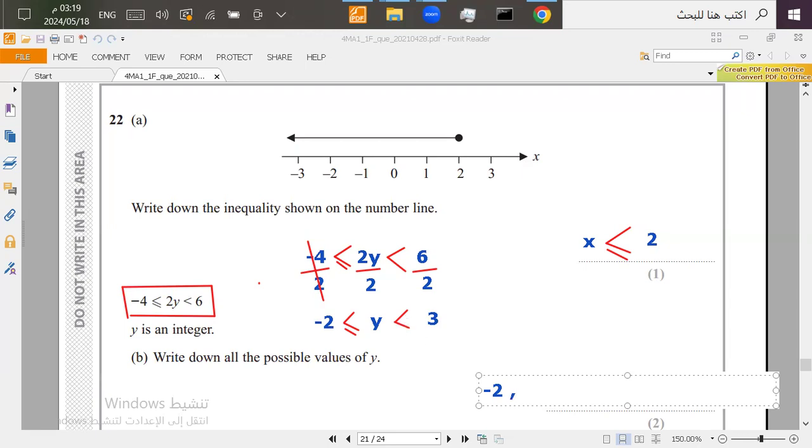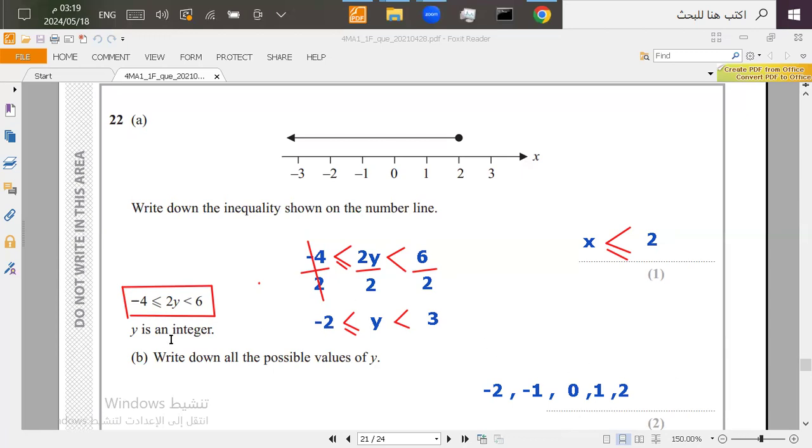So they're going to be -2, -1, 0, 1, and 2. Now, 3 here is not included because there's no equal sign here. But I included the -2 because there's an equal sign here. And these are the values or the numbers that satisfy this inequality.